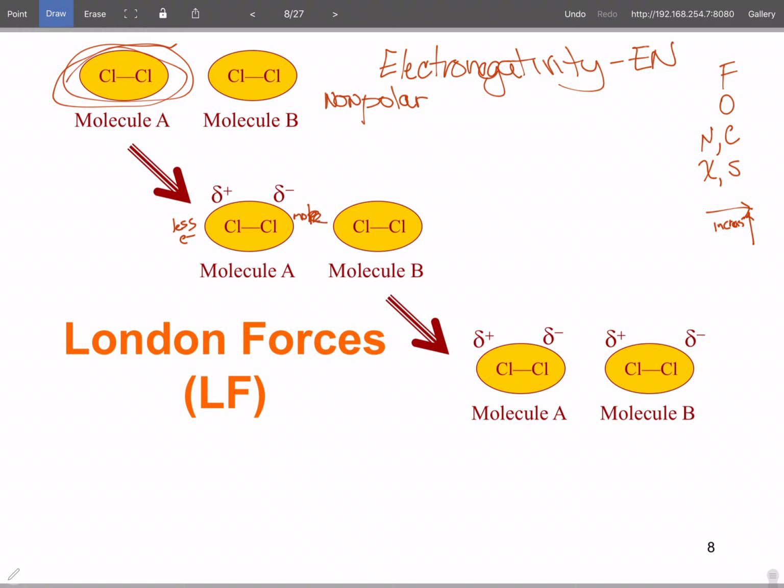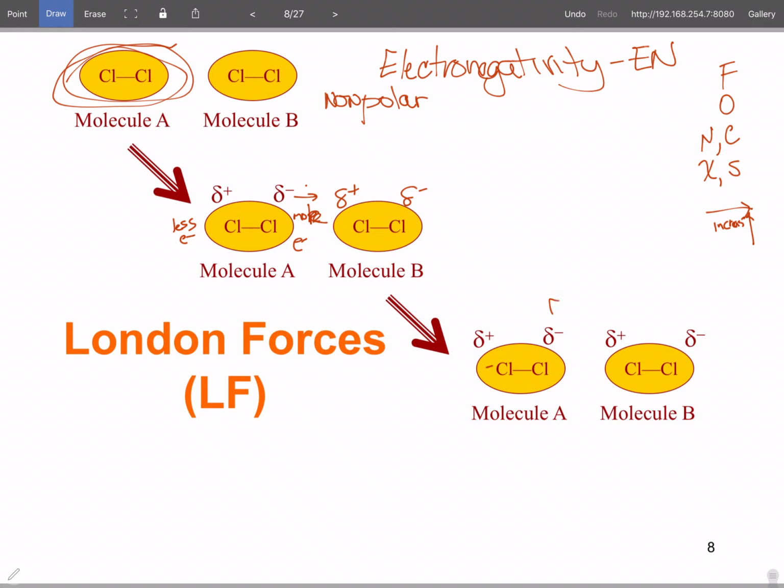More electrons, which then causes this to become a partial positive and this to become a partial negative, because remember, a negative is going to repel the electrons. And so we end up with this arrangement.